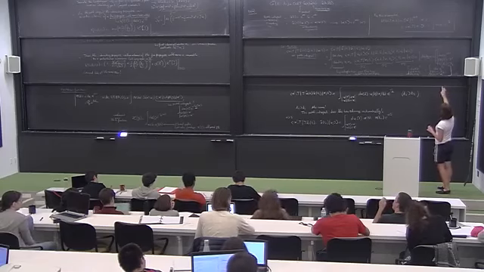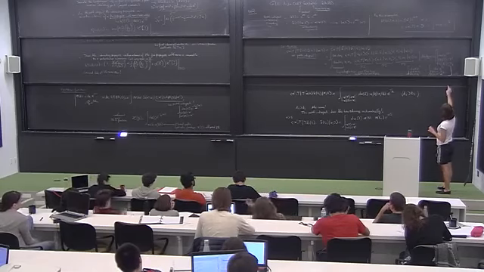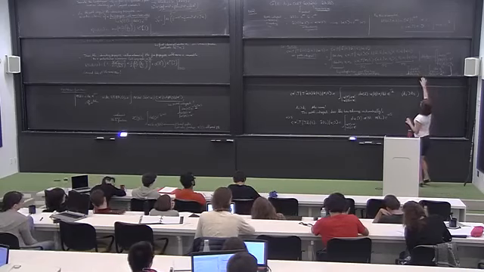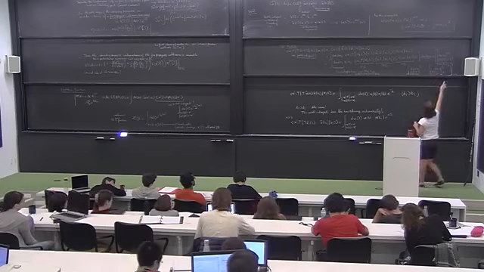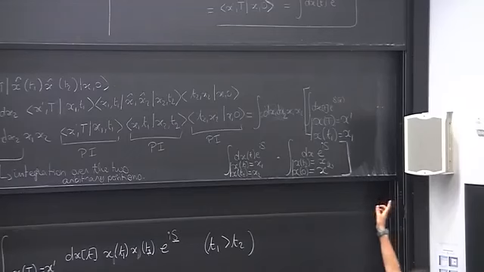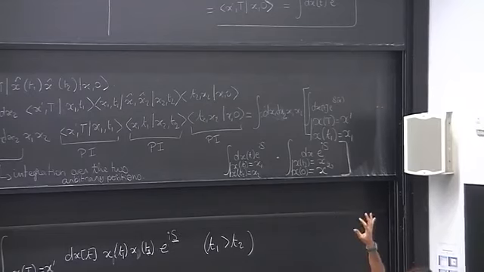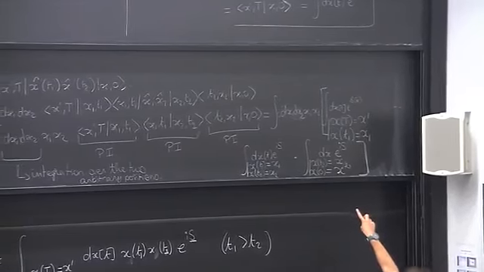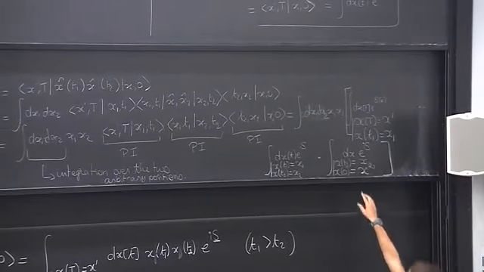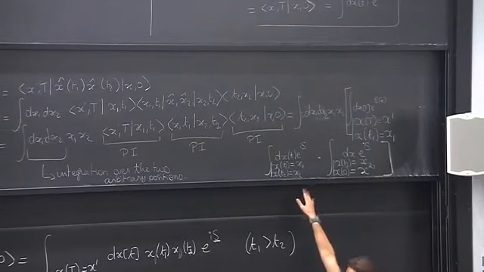The first path integral has final point x2, then this one goes from x2 to x1, and then from x1 to x prime. For all these three pieces, you're considering all possible paths satisfying these conditions.